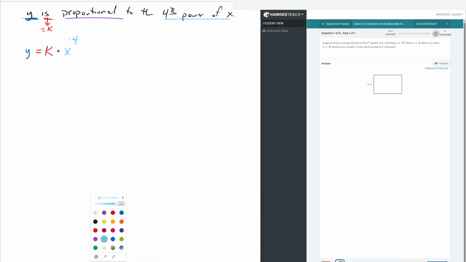From here, take our new set of information and input it in. So for us, we know that y is 17 when x equals 6. There's going to be some nasty numbers, but we're going to say that 17 equals k times 6 to the fourth.